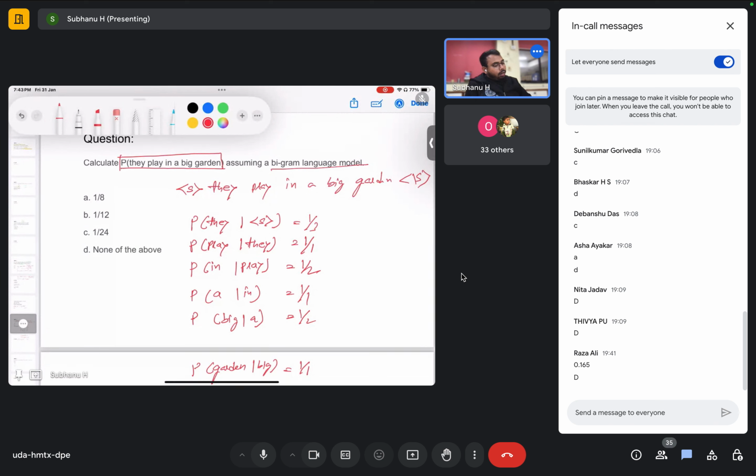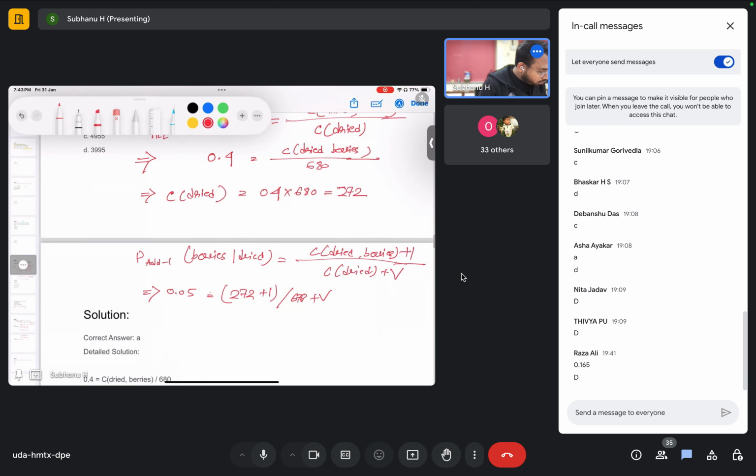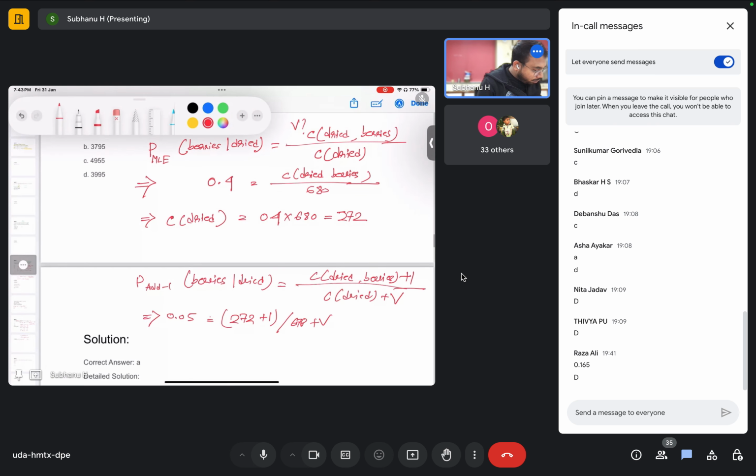Now, what does this mean? This means the count of start and "they". You remember this formula, right? Berries, dried.